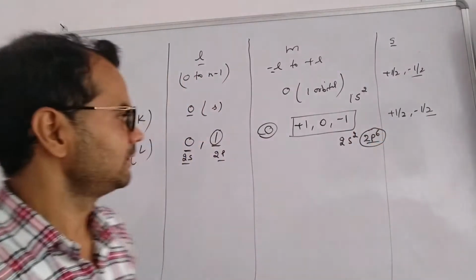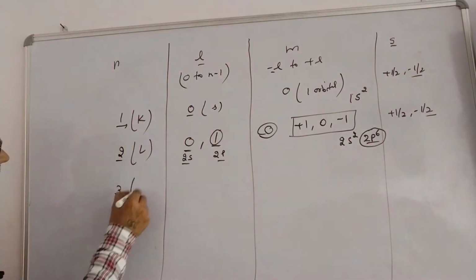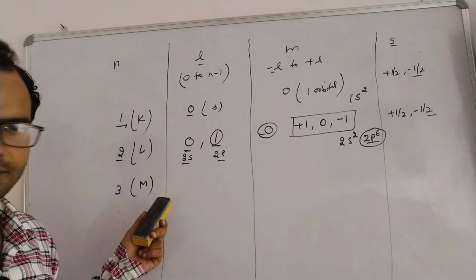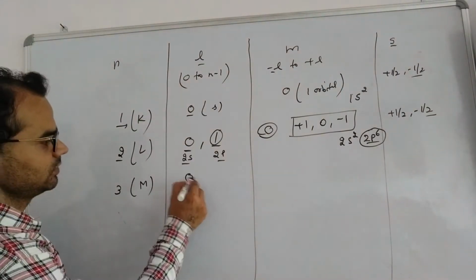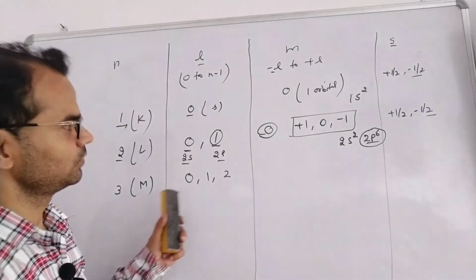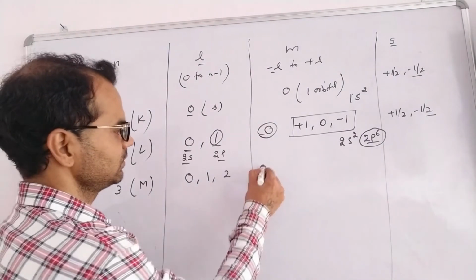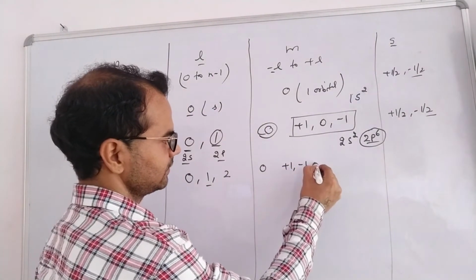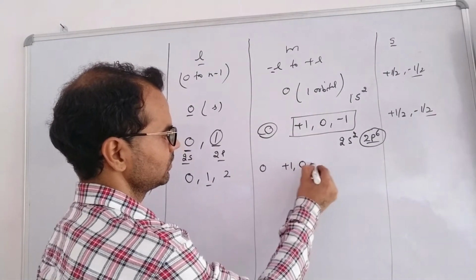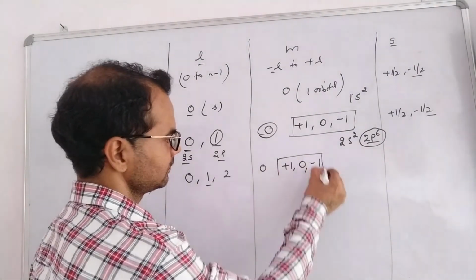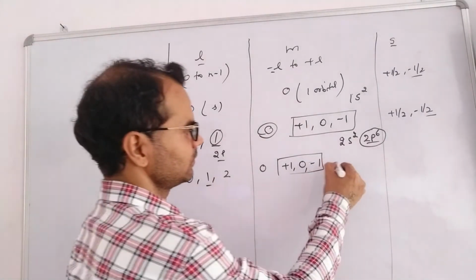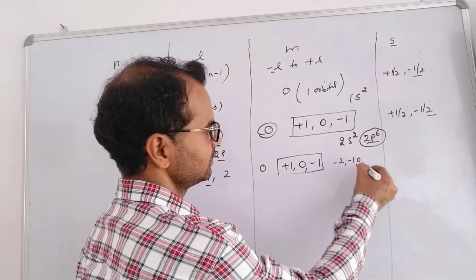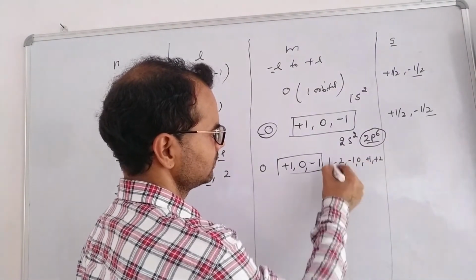Clear? Third, the M shell, L is 0, 1, 2. For 0, m value is 0; for 1, plus 1, 0, minus 1; for 2, minus 2, minus 1, 0, plus 1, plus 2.